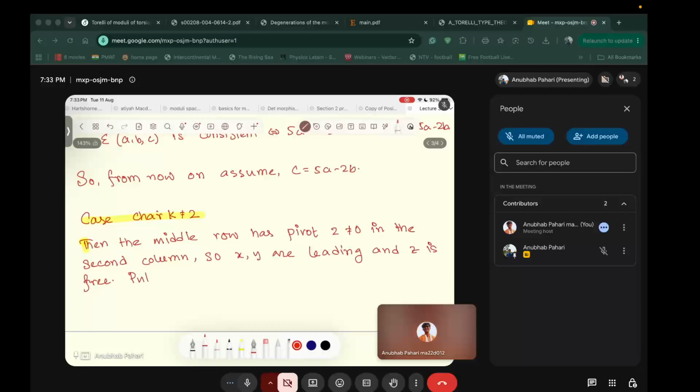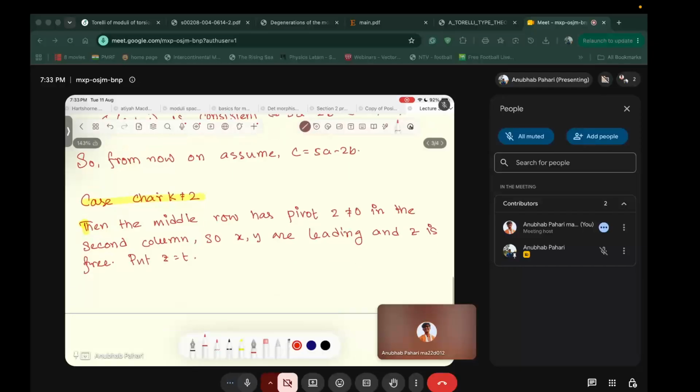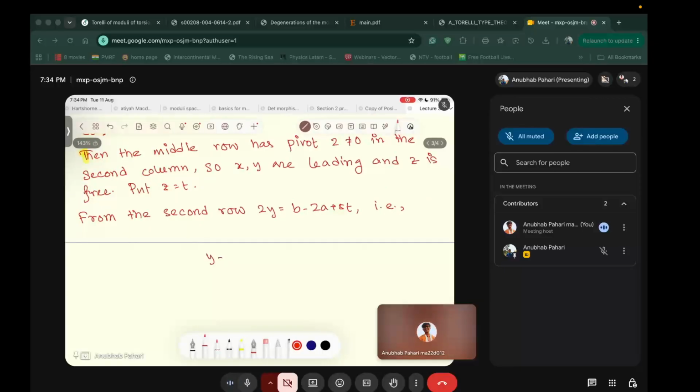Now put z equals to t. Now from the second row, 2y equals b minus 2a plus 5t, that is y equals b minus 2a plus 5t by 2.